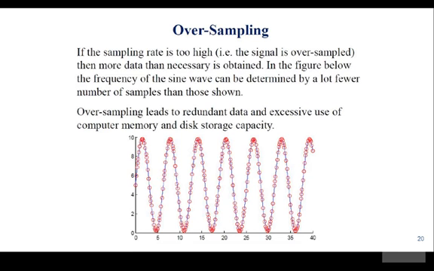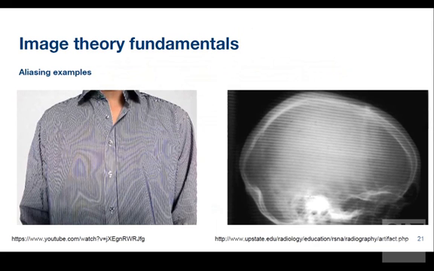So oversampling is equally bad, because it leads to redundant data and excessive use of computer memory and disk storage capacity. That's why this Nyquist sampling theory is very important. We need to know what the highest spatial frequencies are that we want to measure, and then choose a sampling interval appropriately.